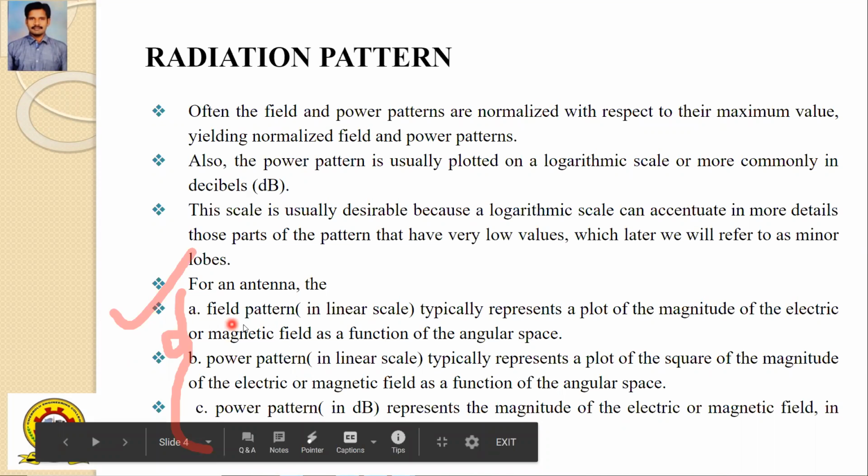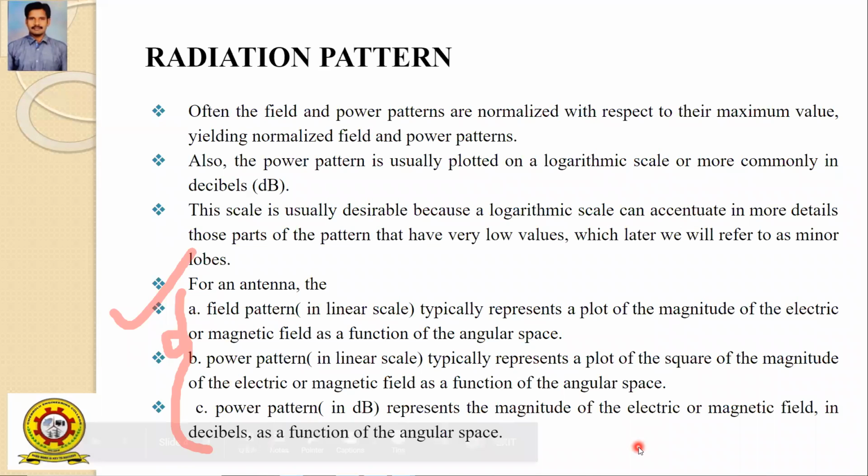The field pattern typically represents a plot of the magnitude of the electric or magnetic field as a function of angular space.